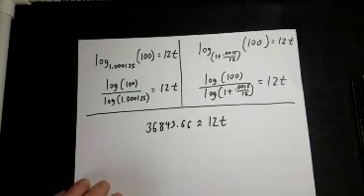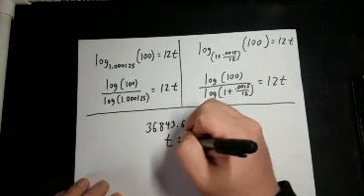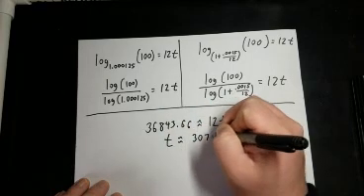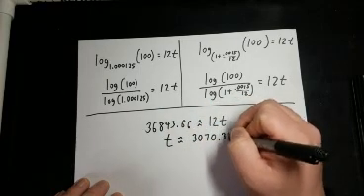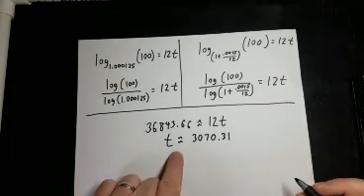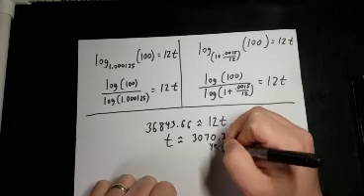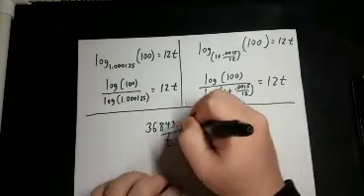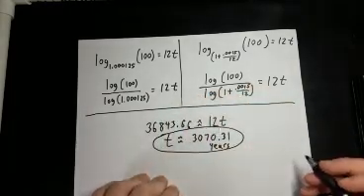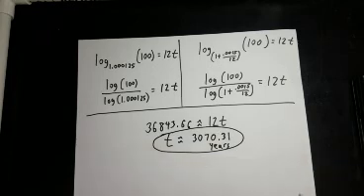If you divide both sides by 12, you get t is approximately equal to 3,070.31. Now remember, t for the compound interest formula is always measured in years. This is how long it would take until your $10,000 would become $1 million at TD Bank.